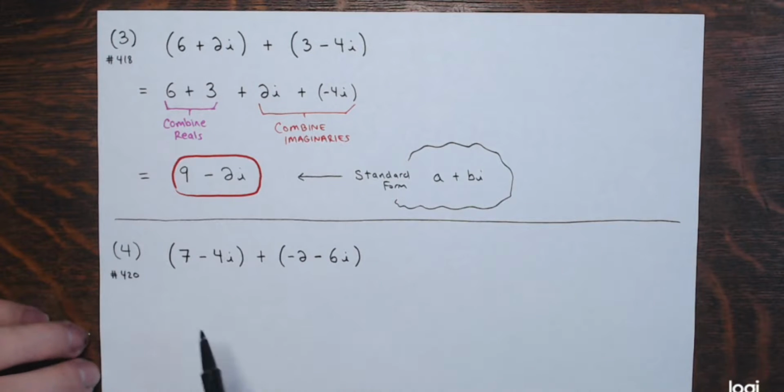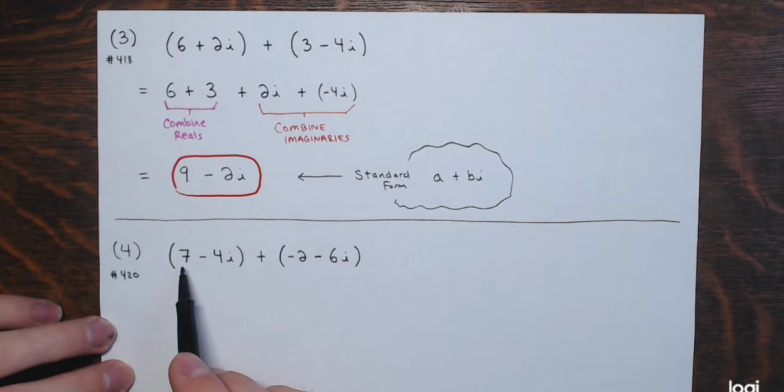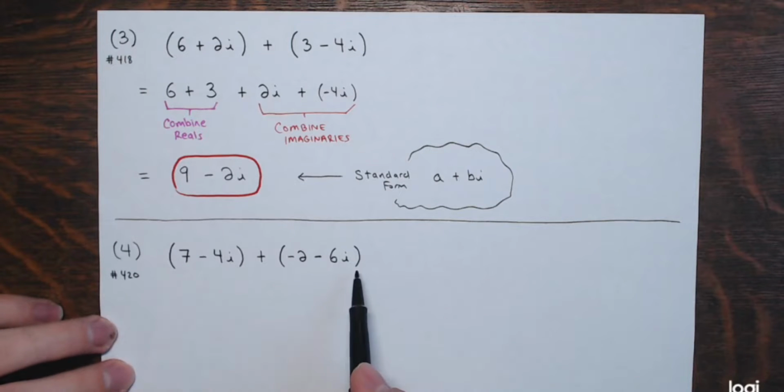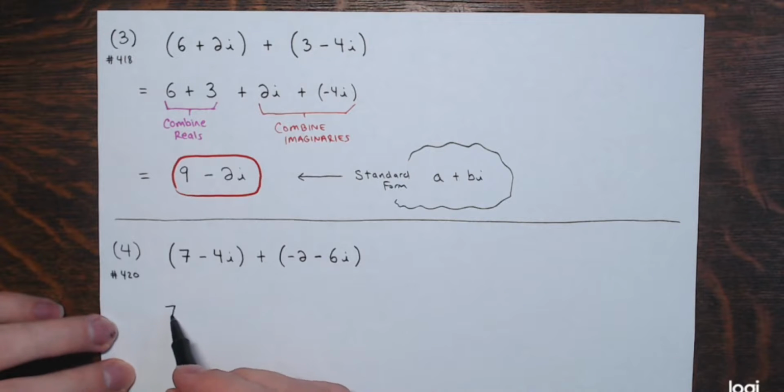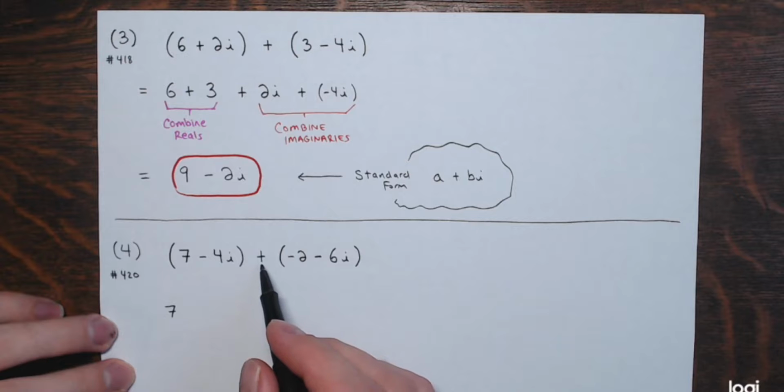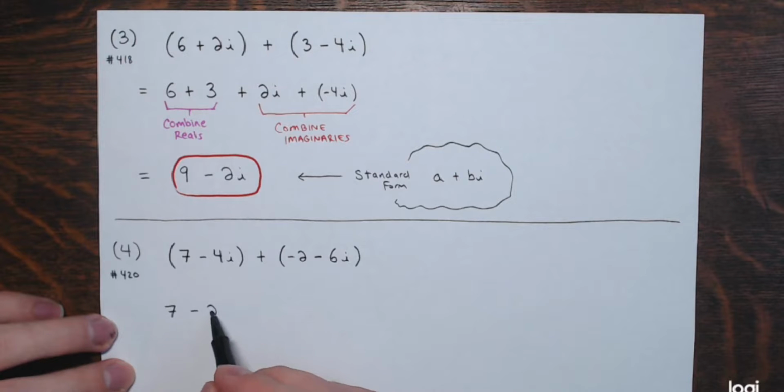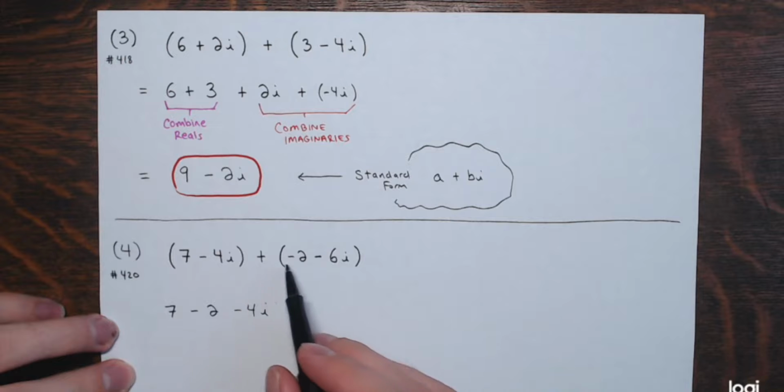Okay, question 4 is number 420 in the text. So again, it's just a big sum. We have a positive 7, and then a plus negative 2, so 7 minus 2 for combining the real numbers. And then we have a negative 4i term, and then plus negative 6i, so minus 6i.